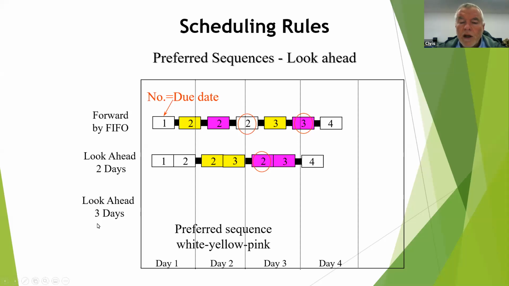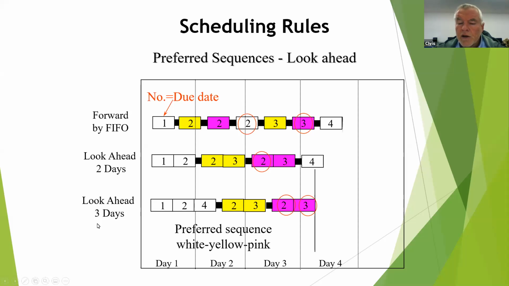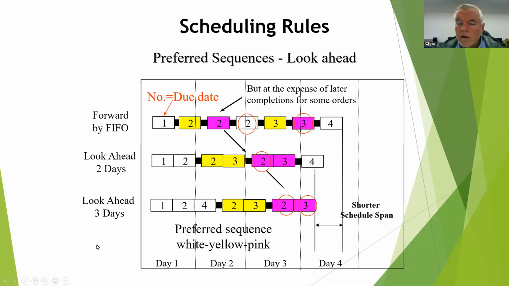I'm going to try it with 3 days. I do that. And so now I'm 2 orders late. And in actual fact, I'm more efficient at the expense of orders. So this is a heuristic that the scheduling engine might use. And it's really also an indicator that some of the solutions that you may use in the scheduling engine don't give you an optimal answer.